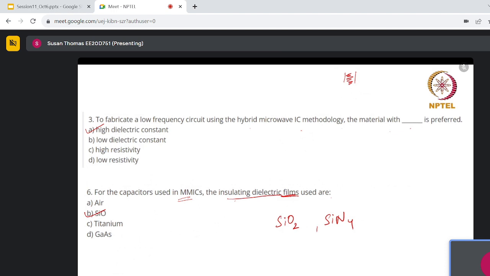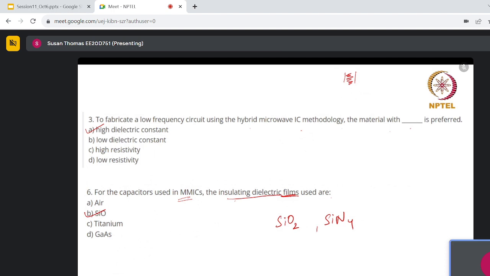So it can be fabricated on the substrate material. So with respect to circuit flexibility, this MMIC is a better option. Whereas one disadvantage is it tends to waste a large area of the semiconductor substrate, especially in realizing transmission lines.